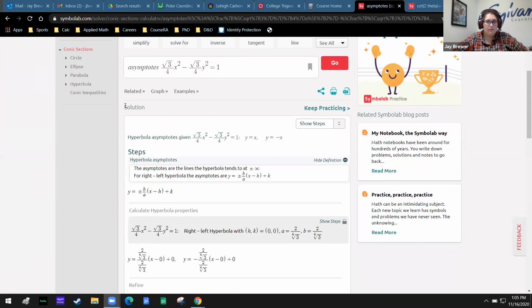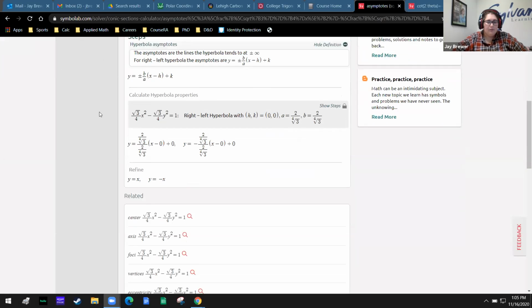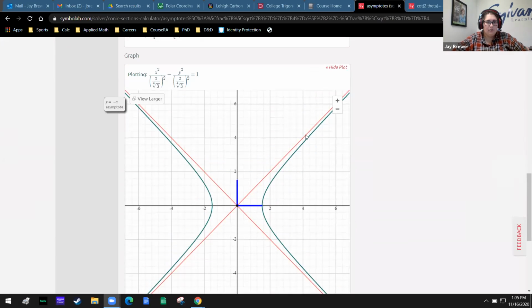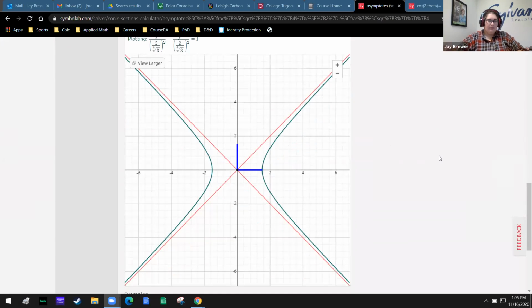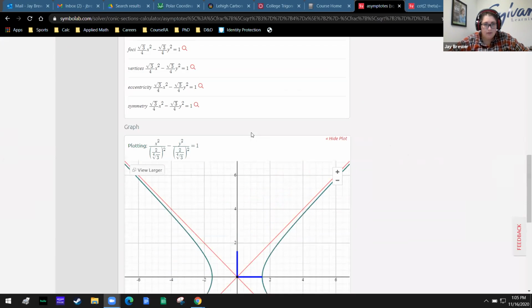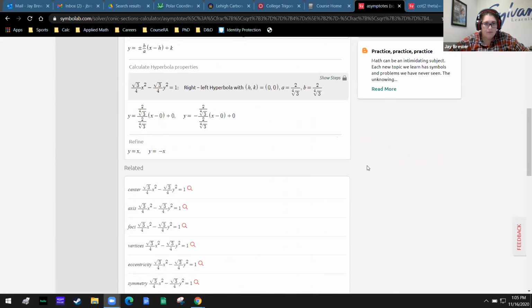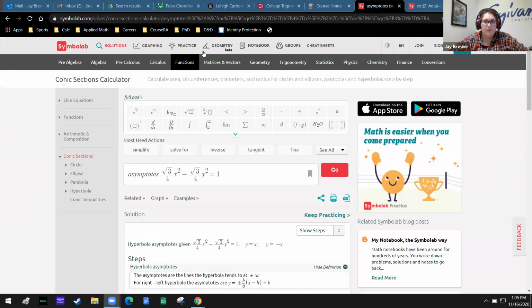If not, I'll share it again. Okay, so when we plug this in, this is what we get out. It's our graph. And you can see that it does still have a center at 0, 0, and you can tell the asymptotes as well. This is a really cool website. It's pretty good. All right, let's go back.